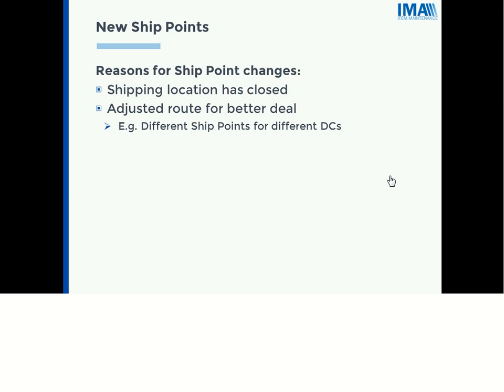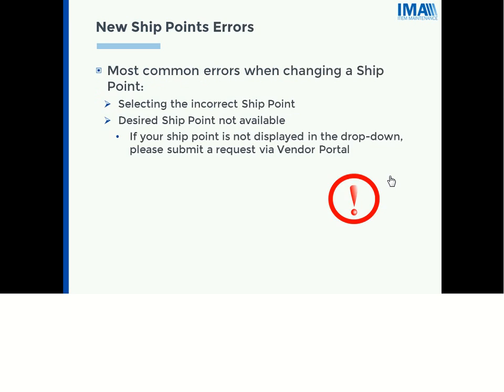So we could go to the Utah warehouse for our California DC, or to the Florida warehouse for our Pennsylvania DC. You cannot set up different ship points for DCs for an in-process item. You have to wait to select that other ship point once an item has become operational.